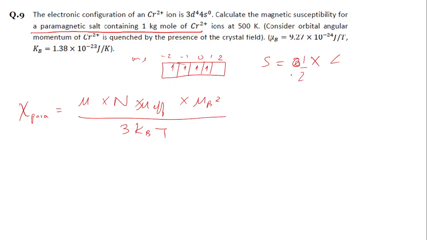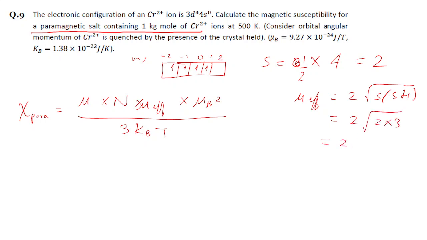Because one magnetic moment has half spin, right? We have 4 unpaired electrons. That means half times 4. That means 2. S is 2. So magnetic moment will be 2 under root S plus 1. That means 2 times 3 means 2 root 6 will be mu effective.